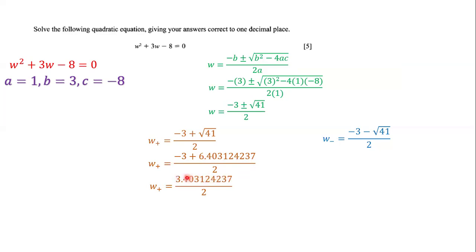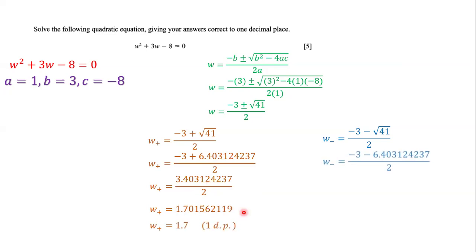That's what we have on top, but we still have to divide by 2. When we divide these two numbers, we get 1.701562119. So w positive is equal to 1.701562119.